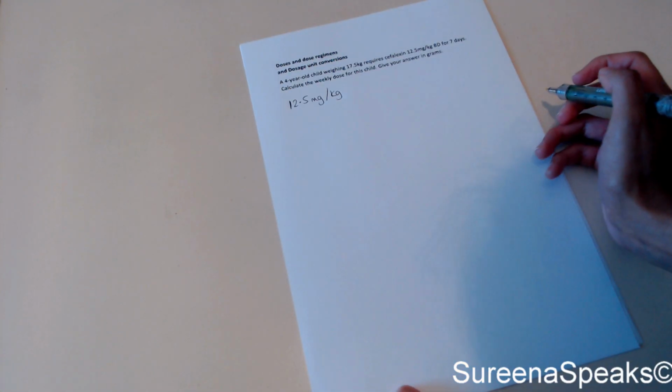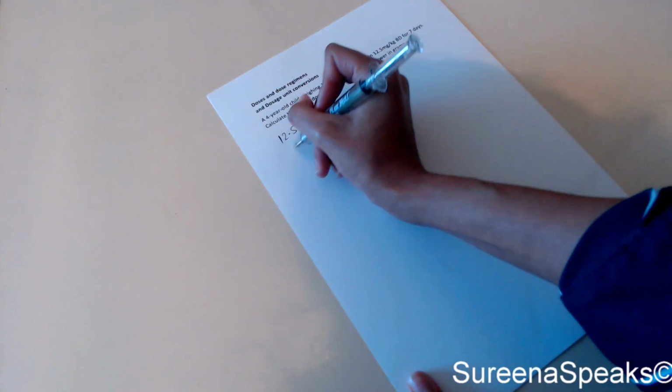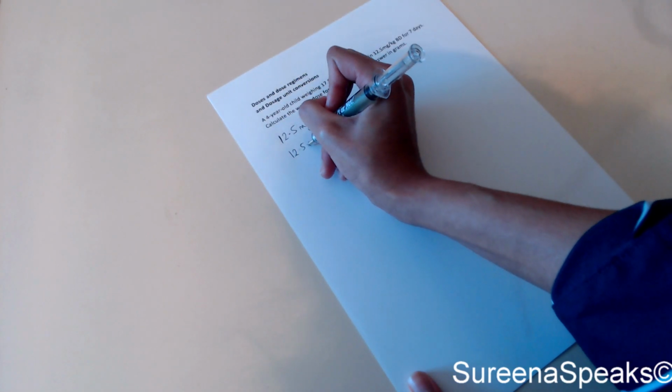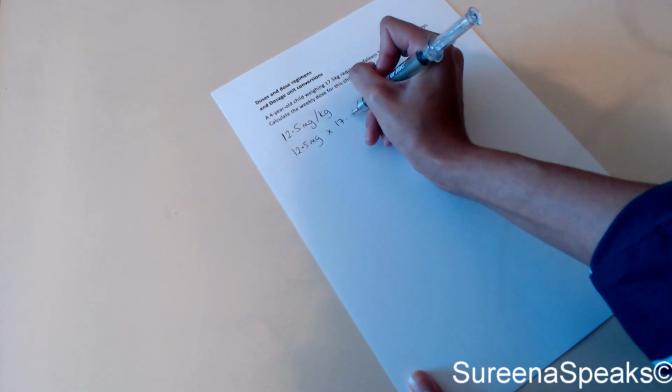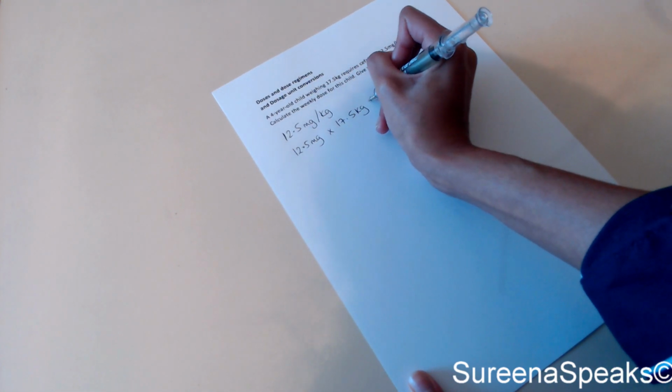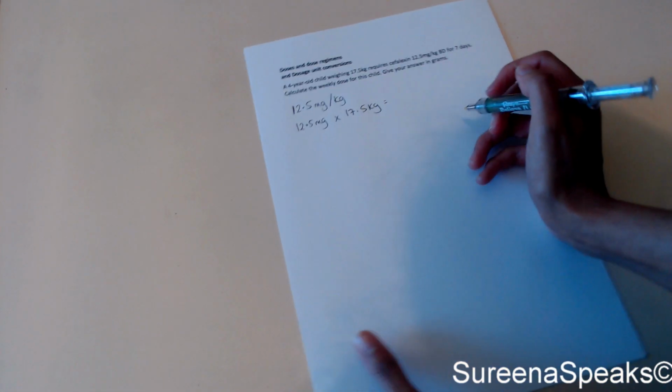So with that being the case, we've got 17.5 kilograms, so we're going to times it. So we've got our 12.5 milligrams times by 17.5 kilograms, and using our GPhC approved calculator, that answer will come to 218.75 milligrams. I told you my handwriting was shocking.